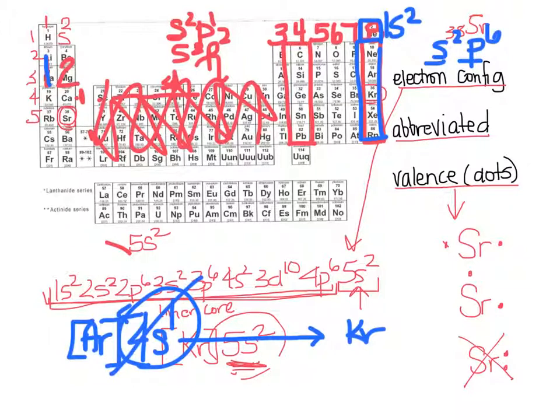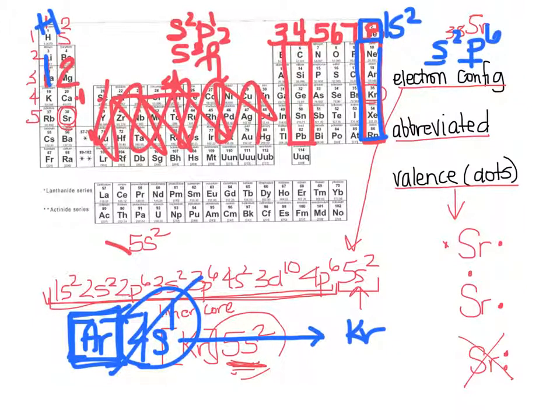If it loses that electron, potassium will now have the electron configuration of a noble gas. So all the things in the first column all form a +1 charge, because since they all have 1 electron in their outer shell, it's going to be much easier for them to lose 1 electron than to gain 7. So these all form a +1.